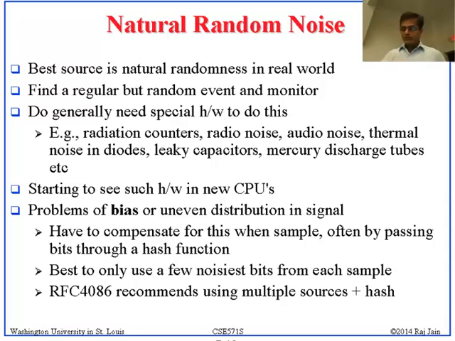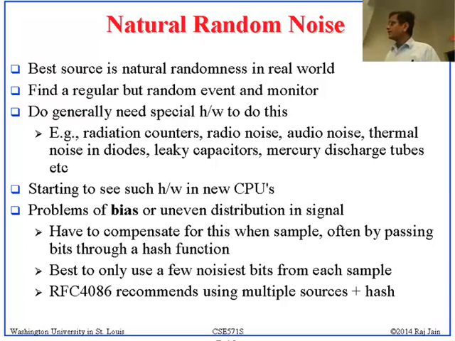Now, that is the problem of bias. Bias means that it is not fully distributed. It could be in one area, so an uneven distribution. You have to compensate for this when sampling, often by passing it through a hash function. So basically, you don't just take the number as it came out, you randomize it further using a hash.